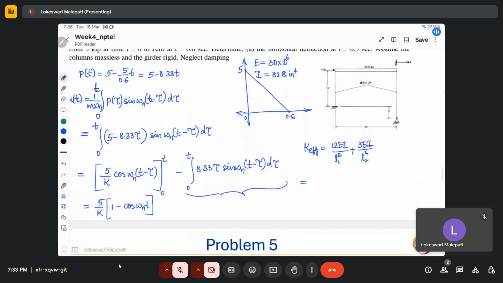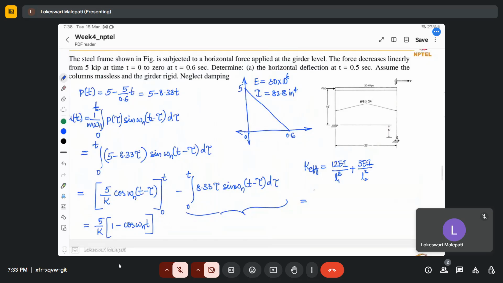So let's substitute the values. 12 multiplied by 30 into 10 power 6 multiplied by I, 82.8, divided by L1, which is 15 feet, so 15 multiplied by 12 the whole cube, plus 3 multiplied by 30 into 10 power 6 multiplied by the same second moment of inertia, since both sections are the same, divided by 15 plus 5 feet, that is 20 feet multiplied by 12 the whole cube.